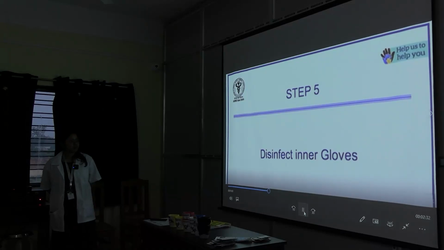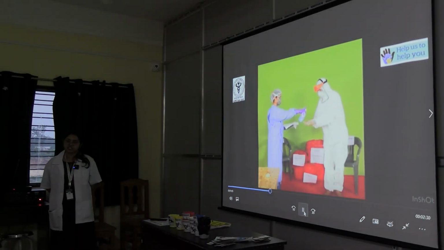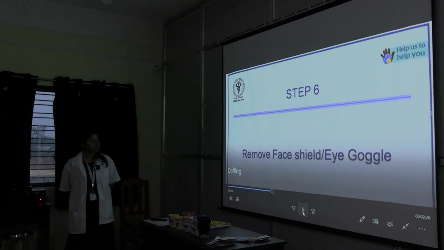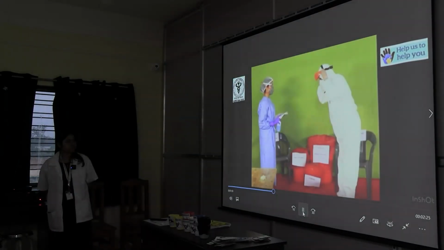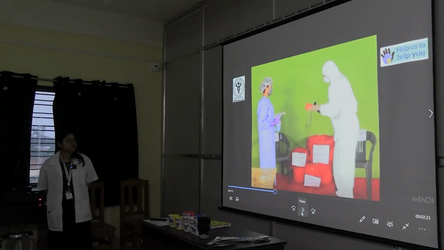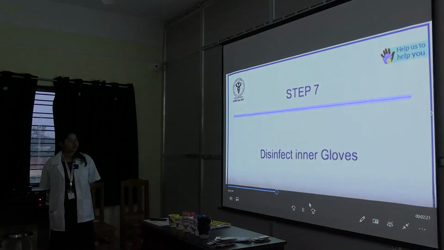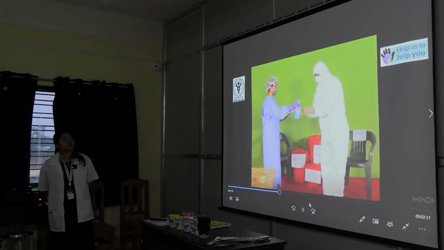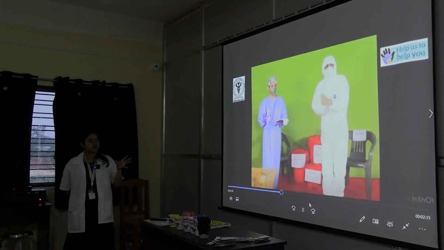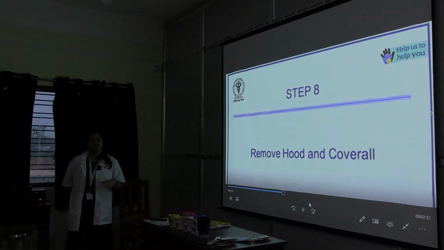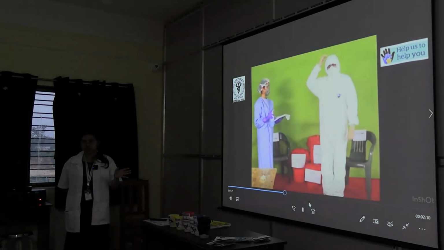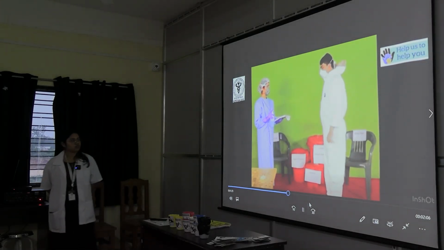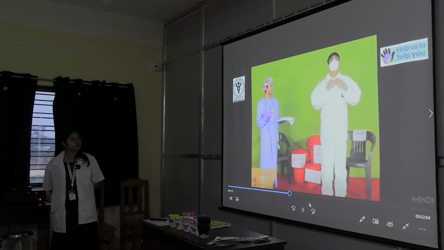Okay. So as I said, with each step you will be doing all the 6 steps of hand hygiene. And remember that all these components of PPE will go in the red colored BMW bin. Okay, these are placed. I will show you in subsequent slides.